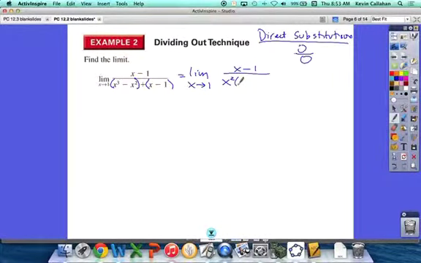What's left if I factor out the x squared? x minus 1 plus x minus 1. So this is the limit as x approaches 1 of x minus 1 divided by x minus 1 times x squared plus 1.